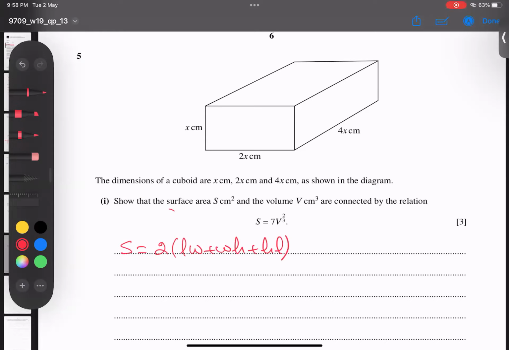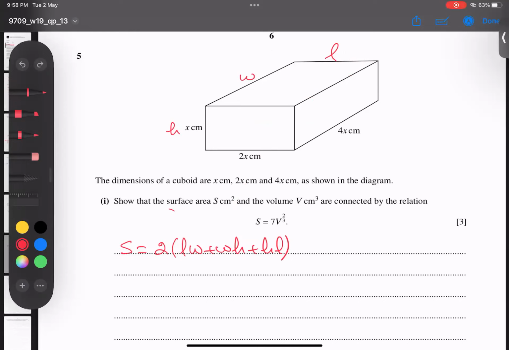Let's say you don't know this formula, then we can derive it. This is the top, this is the length, this is the width, and this is the height. What is this area? You say, sir, length times width into 2. Why into 2? Top and bottom. So length, width, into 2. Then what is this?